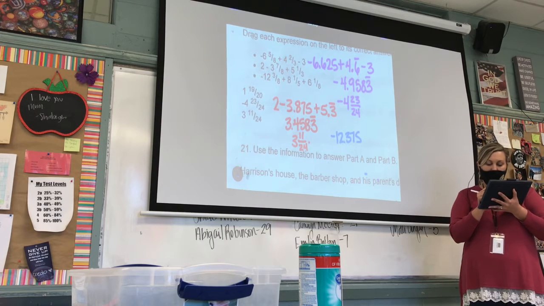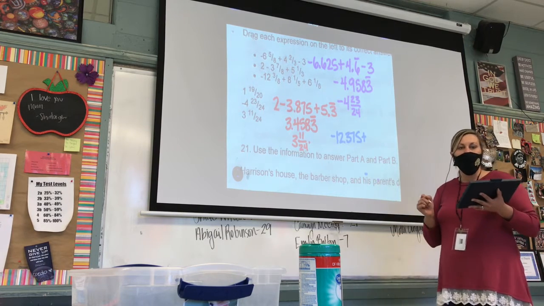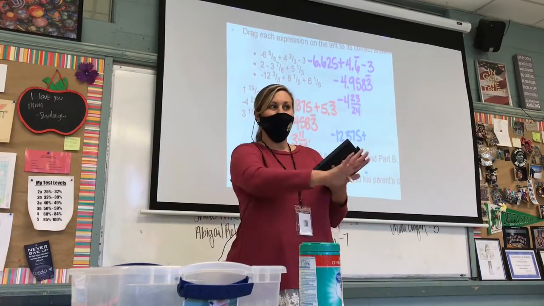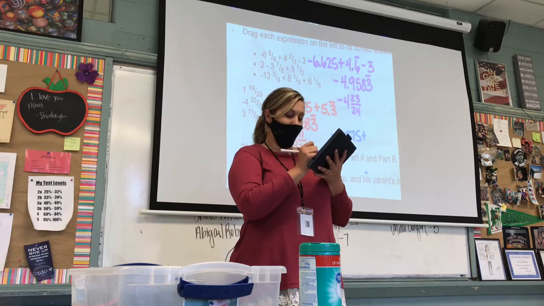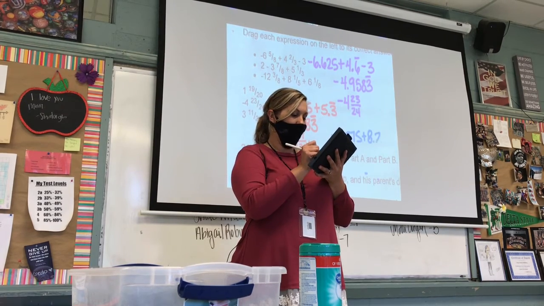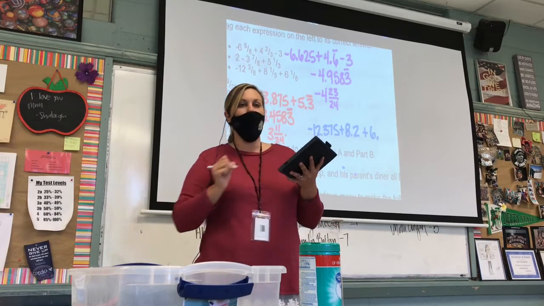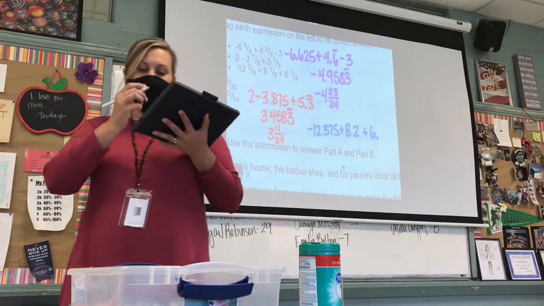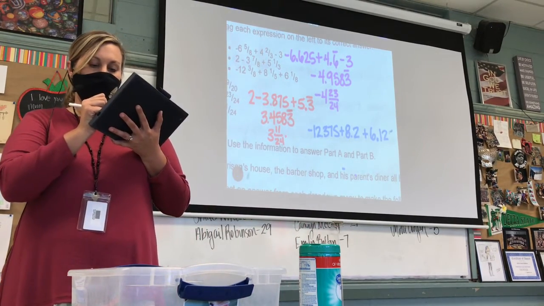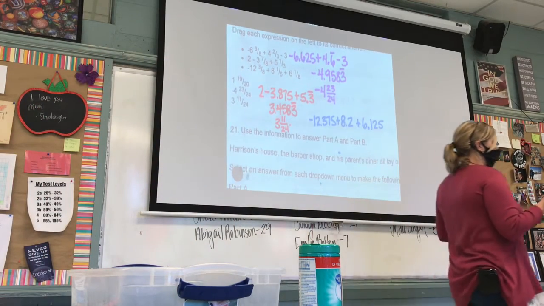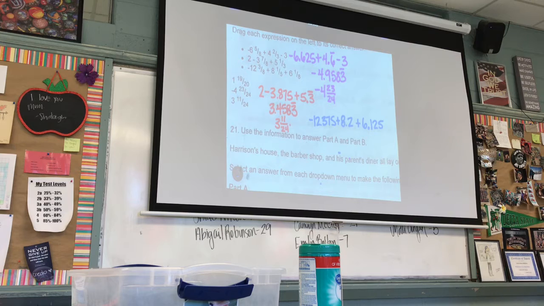Negative 12.375 plus 8 1/5. What's 8 1/5? 8.2. Very good. Plus 6 1/8. What is 1/8? 6.125. Alright, and when you put that in there, hopefully it will give us 1 point something.